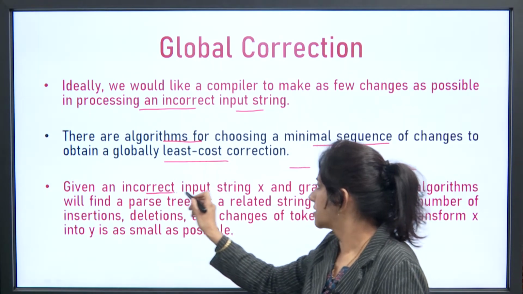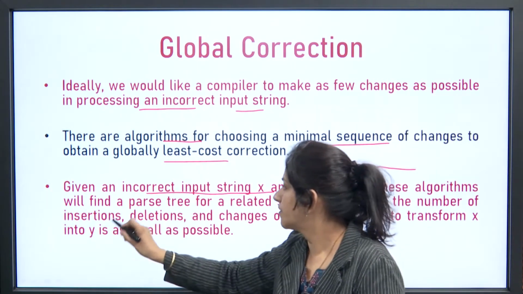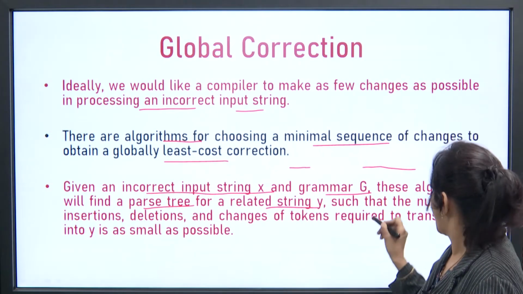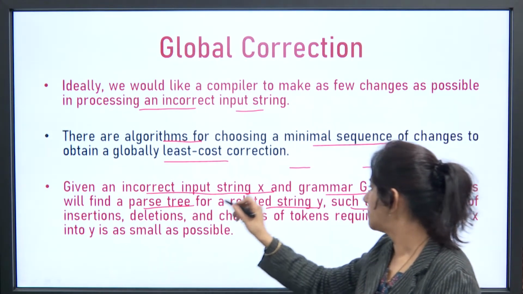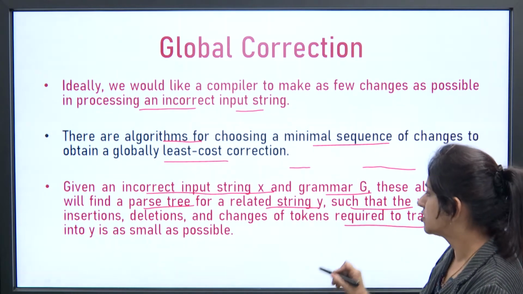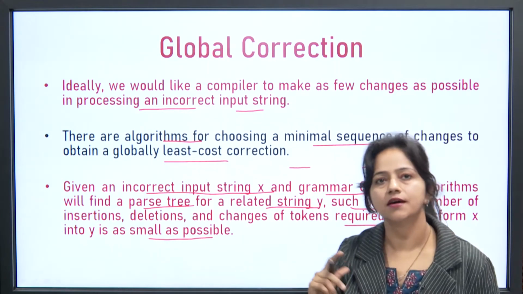Given an incorrect input string x and grammar G, these algorithms find a parse tree for a related string y, such that the number of insertions, deletions and modifications of tokens required to transform x into y is as small as possible.